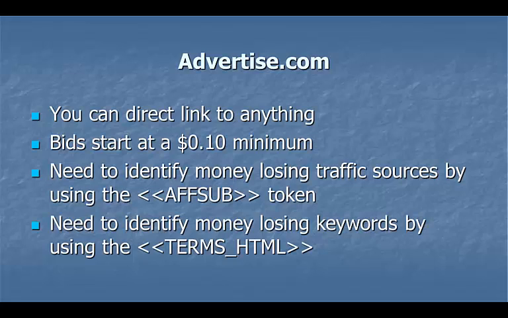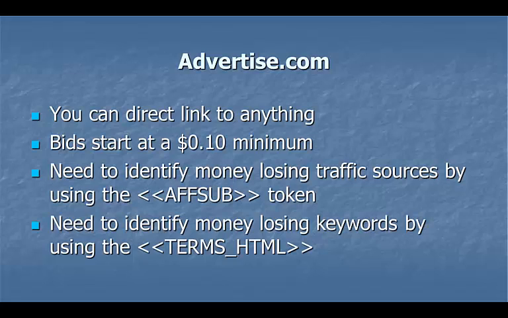Okay. Now, the one thing to understand about Advertise.com is that their bids start at a 10 cent minimum. So it is very hard to get email or zip submits profitable, knowing that you have to bid at a minimum of 10 cents. But the one thing to get Advertise.com profitable is, once again, Advertise.com is an aggregation of partner websites, and that's basically the case with all the second tier pay-per-click search engines.